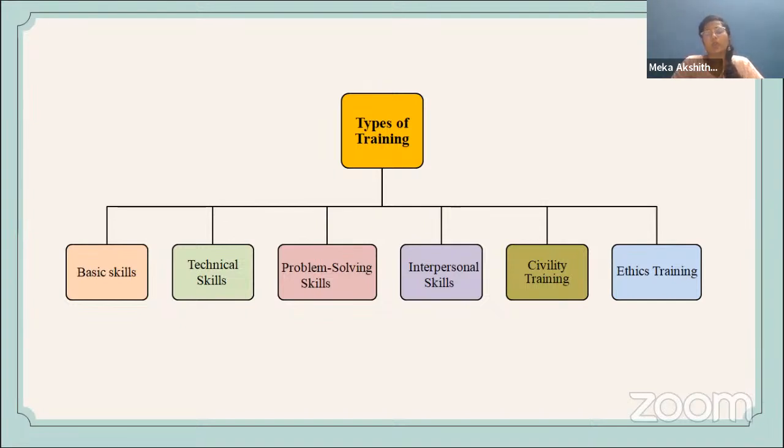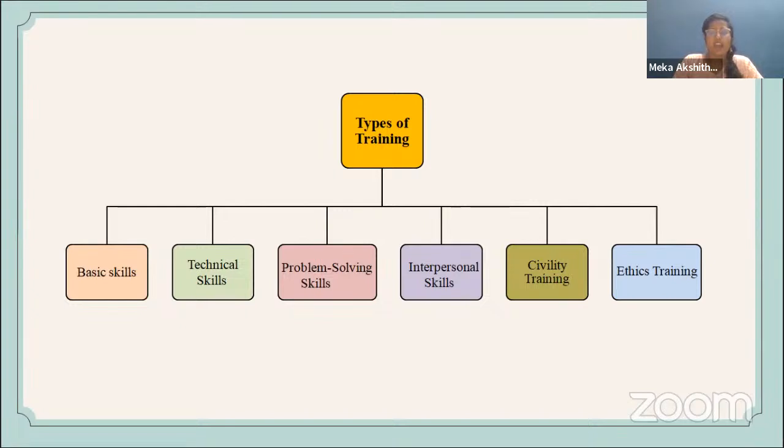Then come problem solving skills. Some of the organizations would also be giving training programs on problem solving skills, wherein they would bring in the employees, everyone at a time, and give certain problems, and ask them to brainstorm, as in whatever ideas come to their mind.